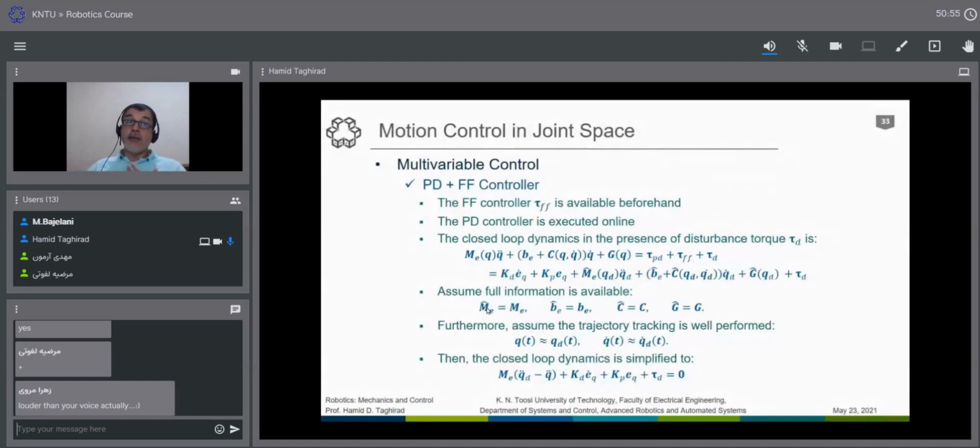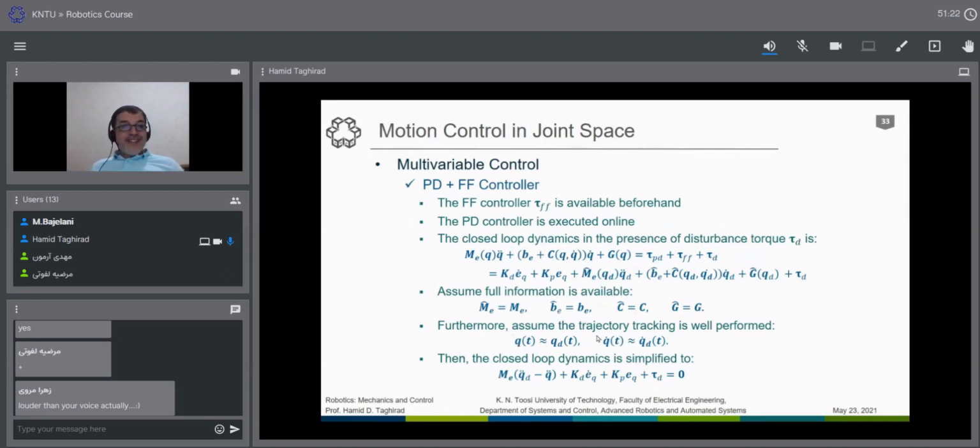Not only the dynamic equation itself, all the parameters like masses, moments of inertia, and so forth. This is usually done by some calibration process. But assume that we know everything exactly. This is not a very practical assumption, but it is an assumption.